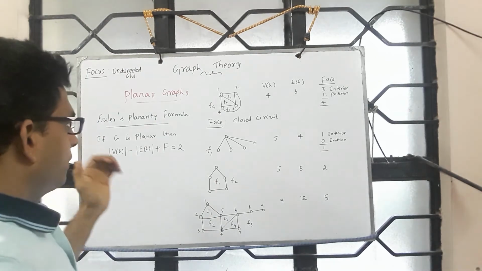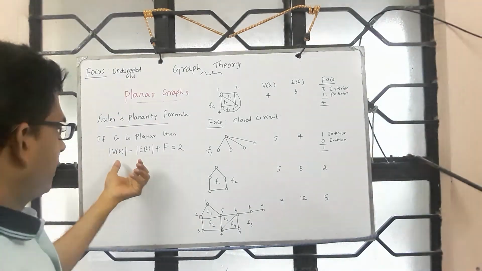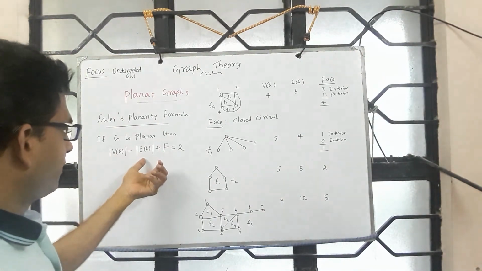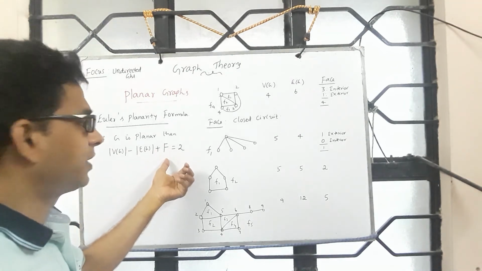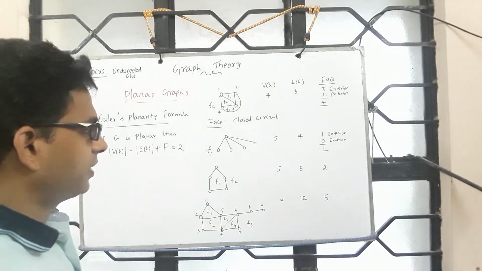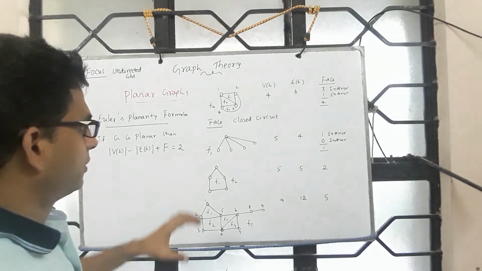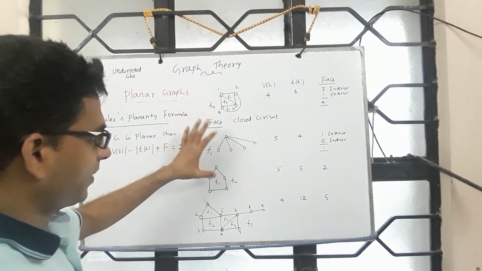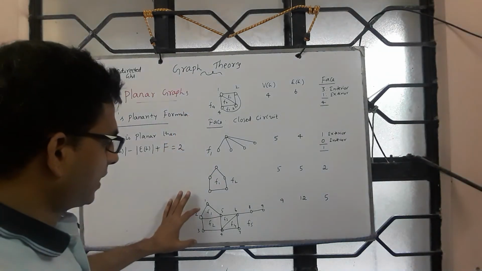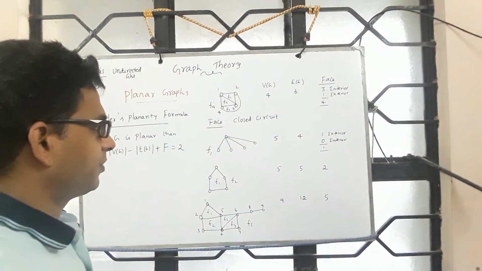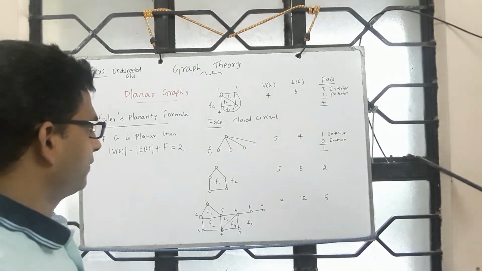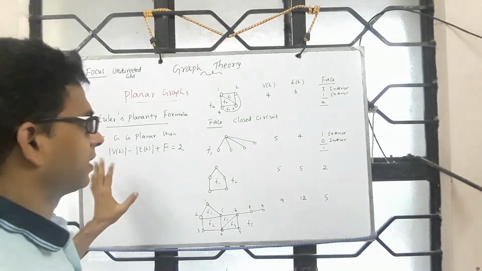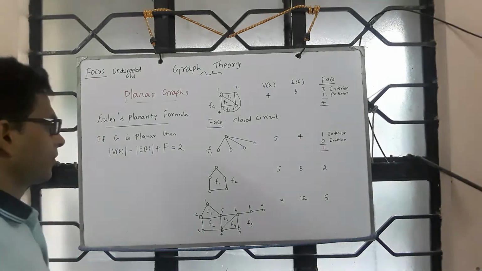So you see that number of vertices minus number of edges plus number of faces, this number is 2. So take a graph and its plane drawing. With respect to that, see number of interior faces and exterior faces, then you see this interesting formula.